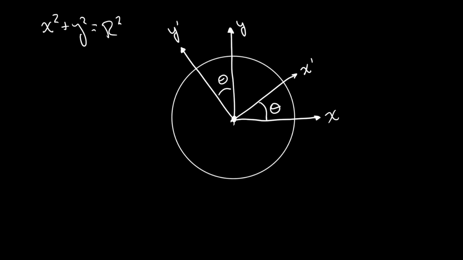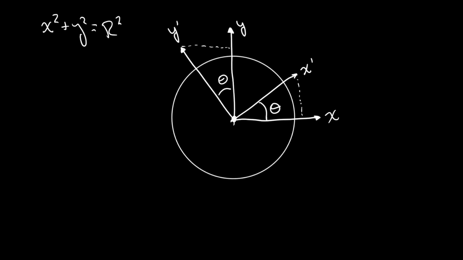So to show how this works out mathematically, I want to represent my old, unprimed coordinates in terms of our primed coordinates. So let's start with x. If I have some point on the old x-axis, and I want to describe it in terms of the x prime and y prime axes, all I have to do is look at how much each of the new coordinates lie along the old x-axis.